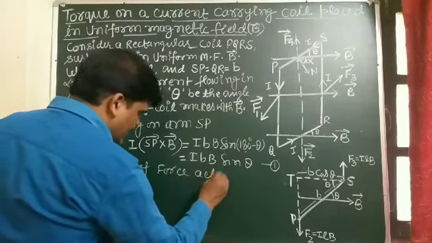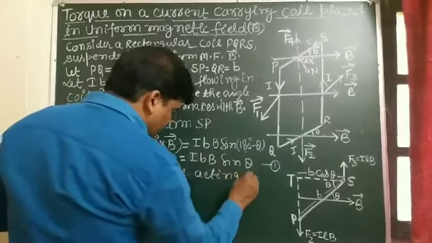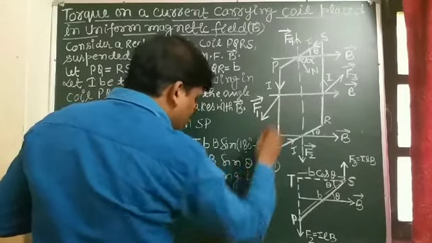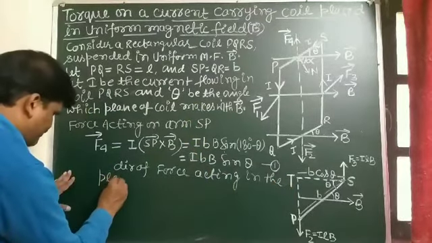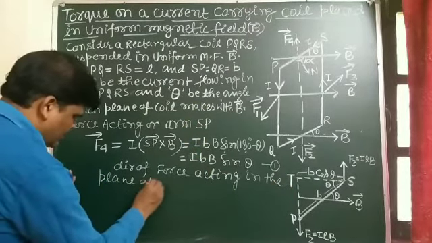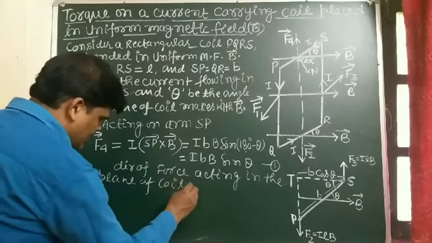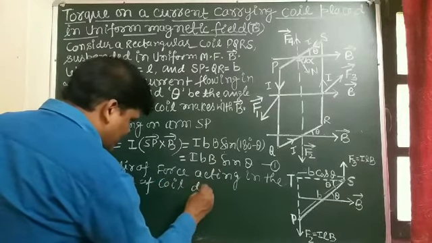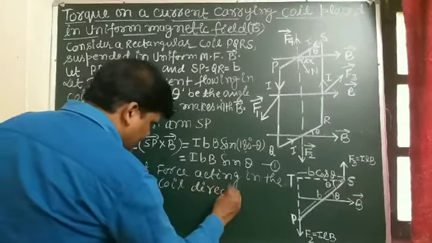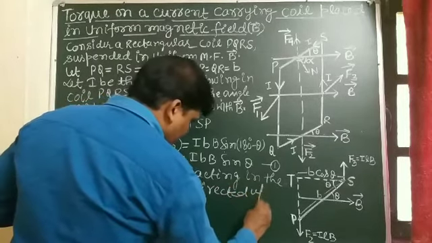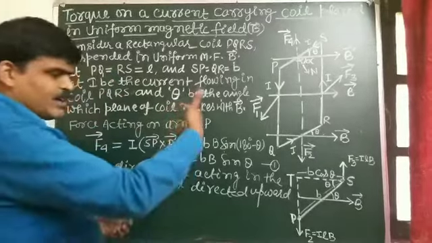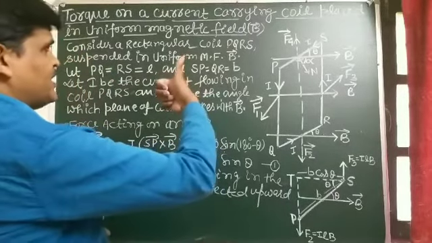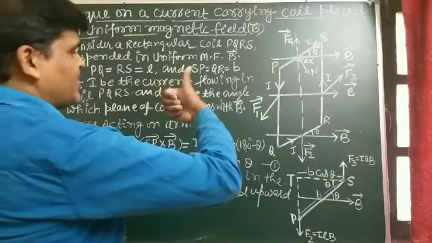The direction of force is acting in the plane of the paper, in the plane of the coil, directed upward, by using the vector product SP rotated in the direction of the magnetic field.